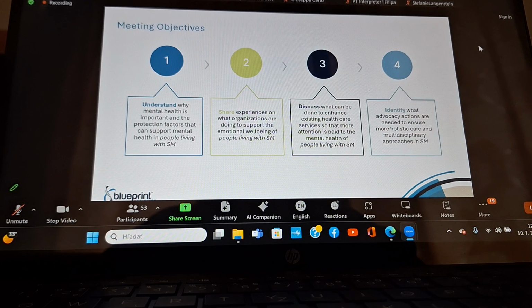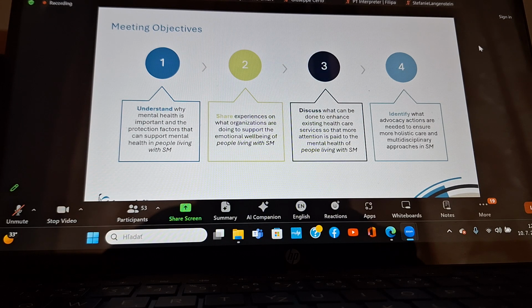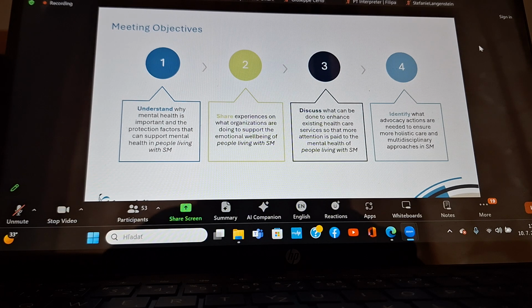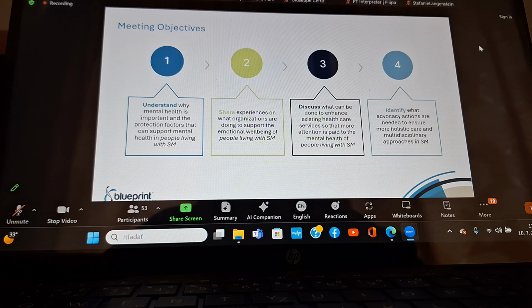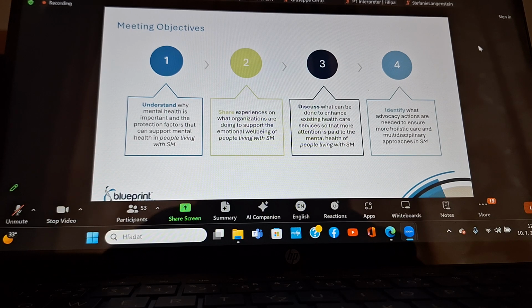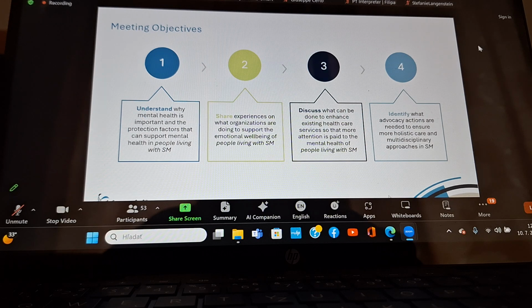So the meeting objective for today is primarily just to understand why mental health is important for those who are living with systemic mastocytosis. We also want to invite you to share your experiences from a country perspective on what you are doing to support your local community from a mental health perspective.